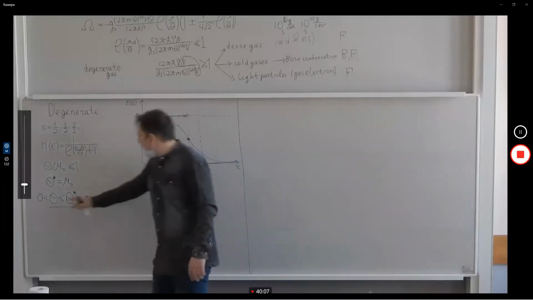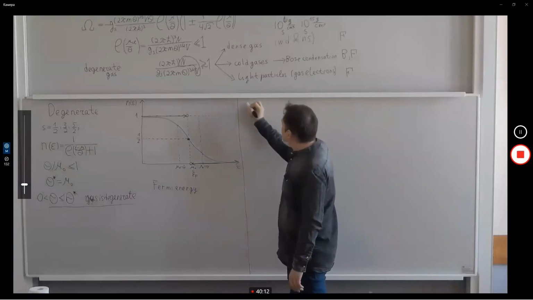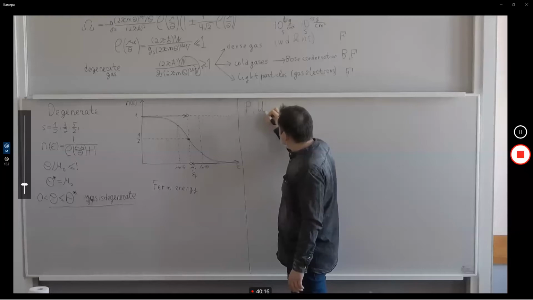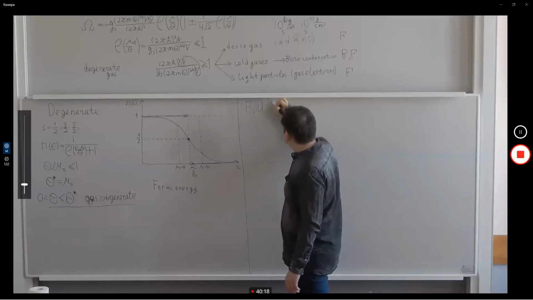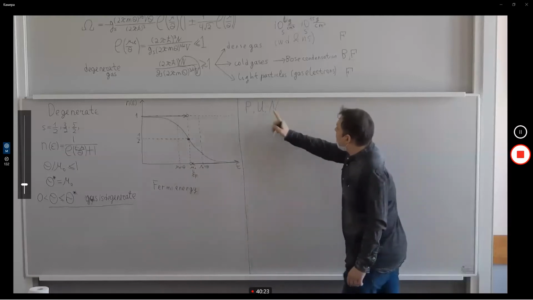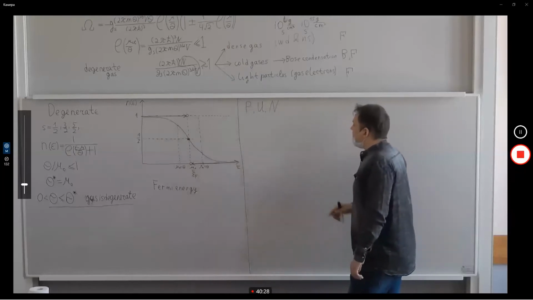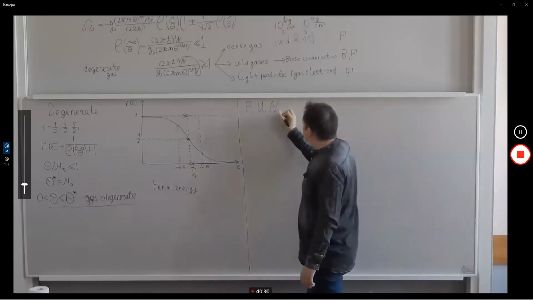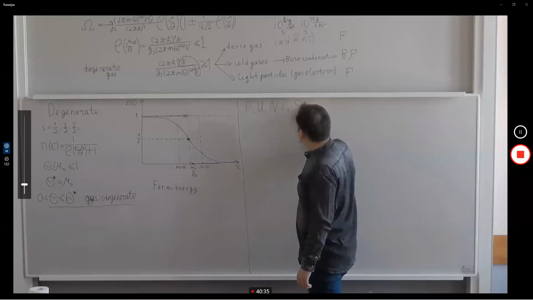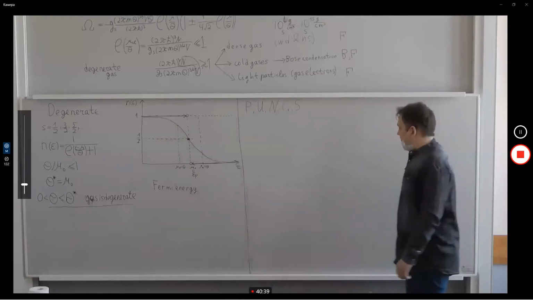And I'm interested in thermodynamic functions of degenerate gas. These functions are pressure, internal energy, particle number. It's very important because I want to express chemical potential in terms of particle number. And maybe heat capacity and entropy.